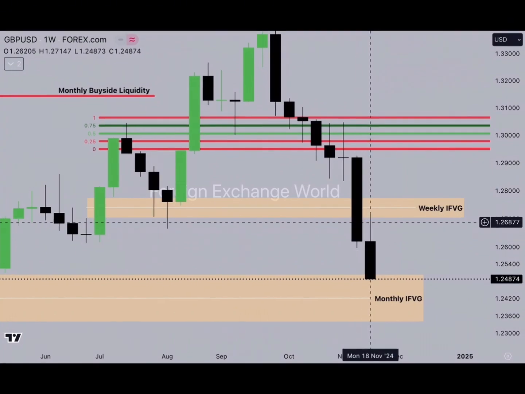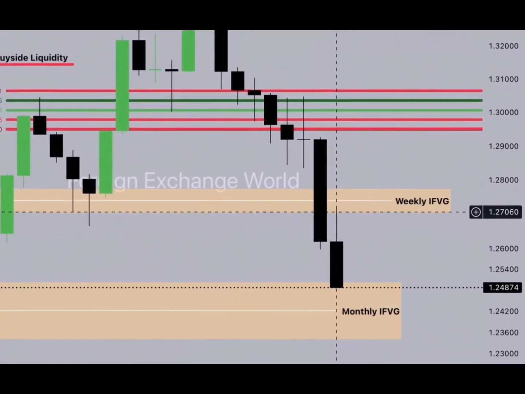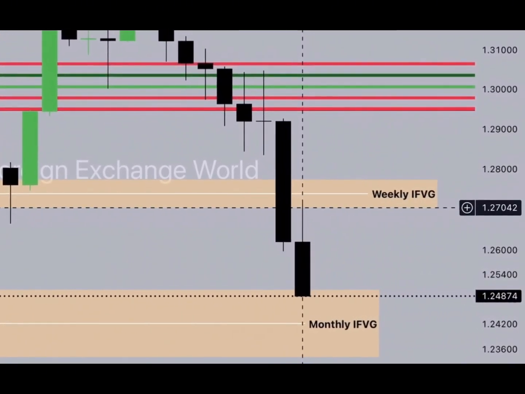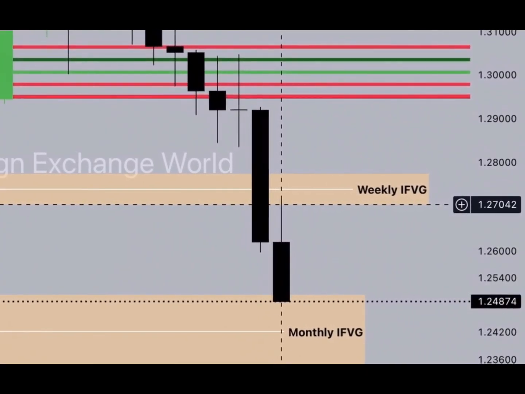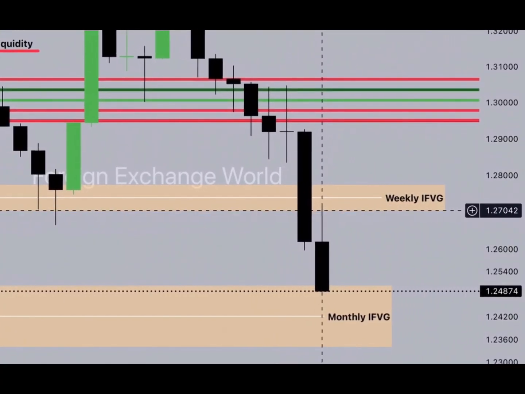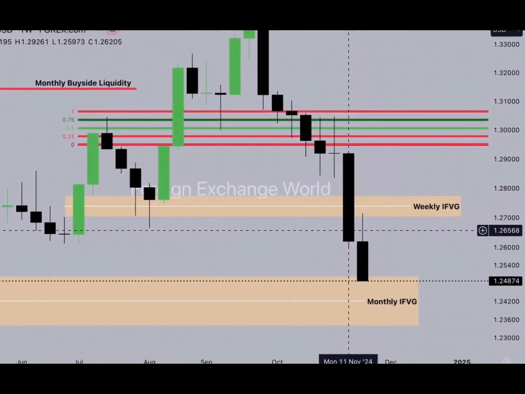It didn't go to a random place, but then it went and bumped on the low of the weekly inversion fair value gap, which we spotted ahead before price even reached for it.